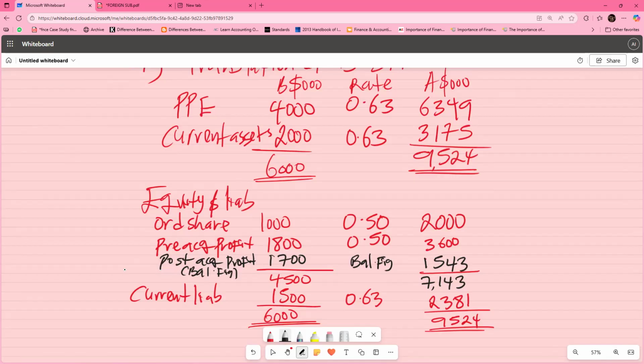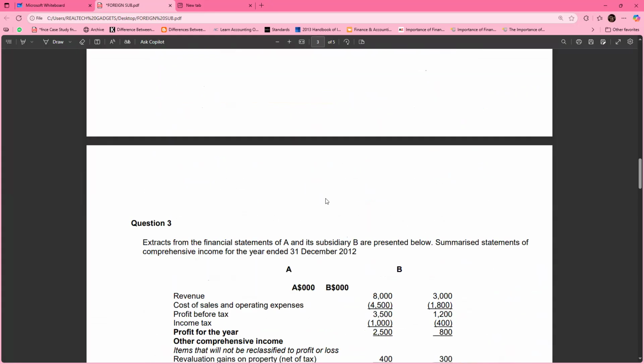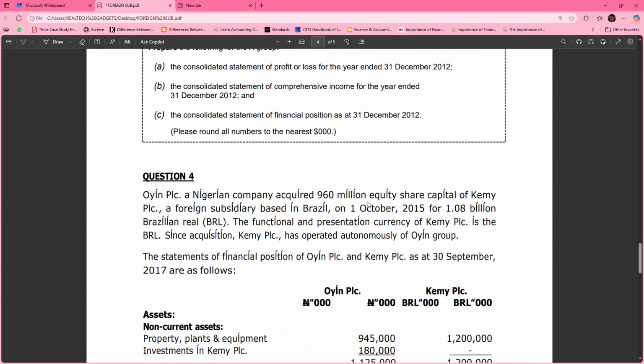So assets and liabilities at what rate? Assets and liabilities at closing rate, while equity at acquisition rate. And whenever you have a revaluation reserve, as I mentioned in the previous section, you need to first of all check.